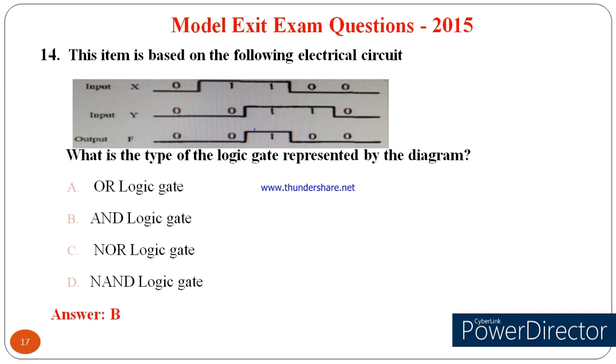As you can see from this diagram, there are two inputs and one output. When both inputs X and Y are high, the output is also high. When input X is 1 and input Y is 0, the output is 0.